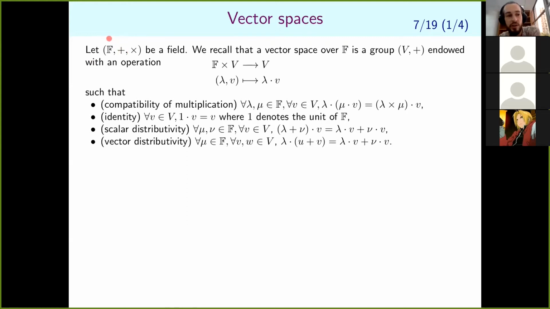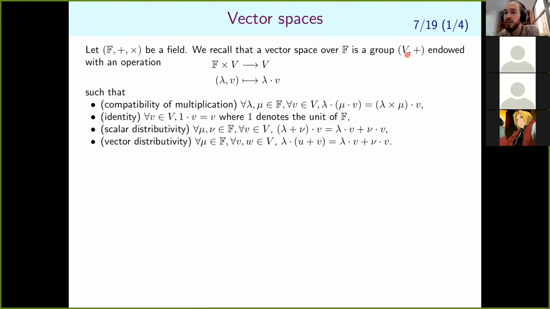I denote the field here F. So a field is a group with a multiplicative operation. You may already know the fields R and C. And a vector space over a field F is simply a group V plus.